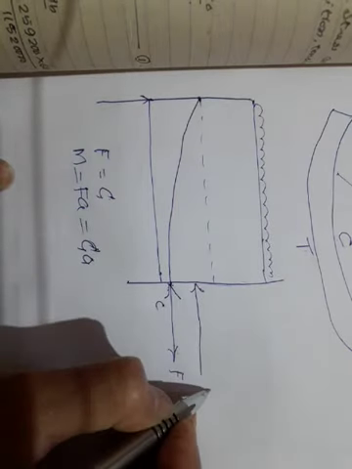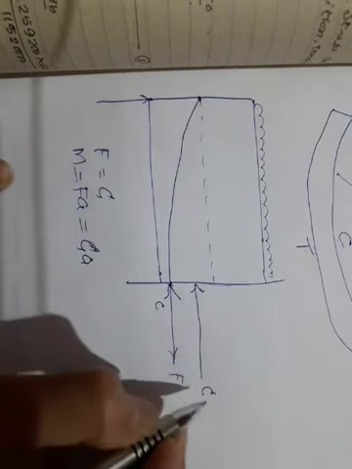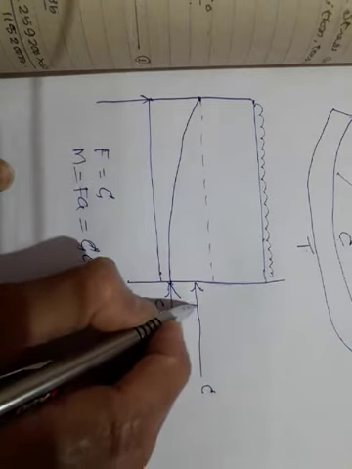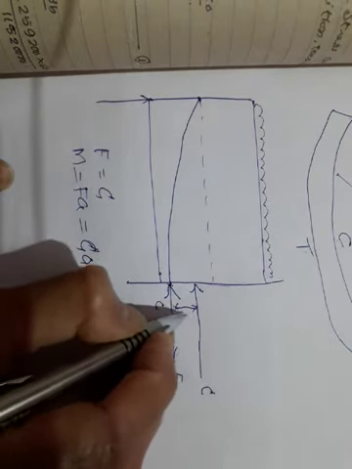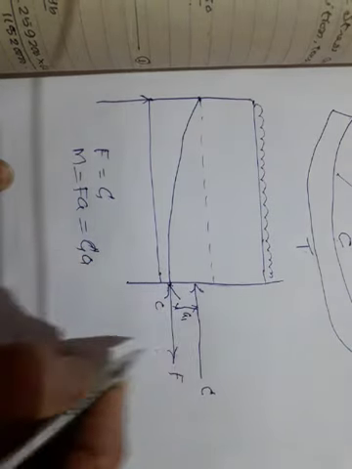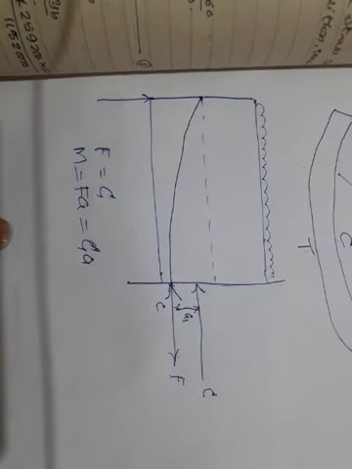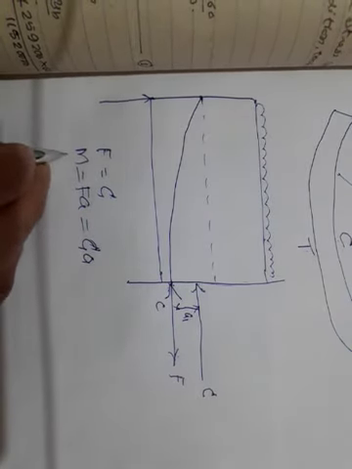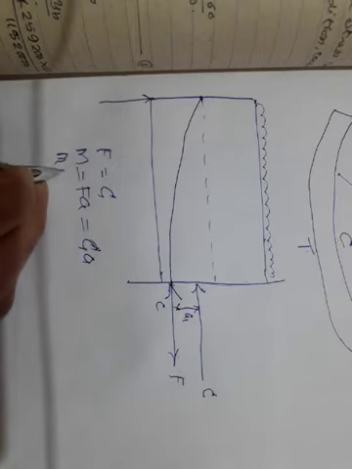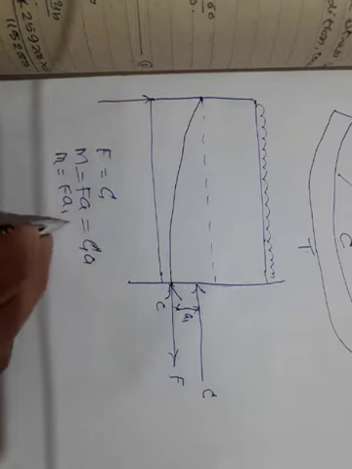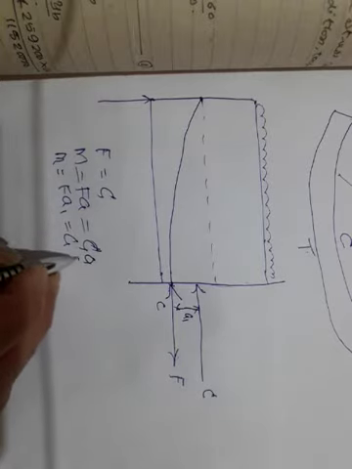Your C force is now acting here, developing a lever arm, say A1. This is your lever arm A1. So now I can write the bending moment or the moment of resistance of this is either F into A1 or C into A1.